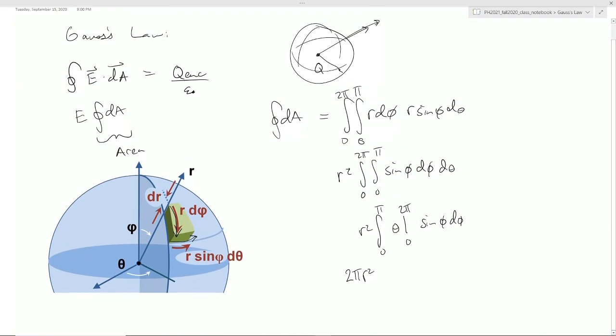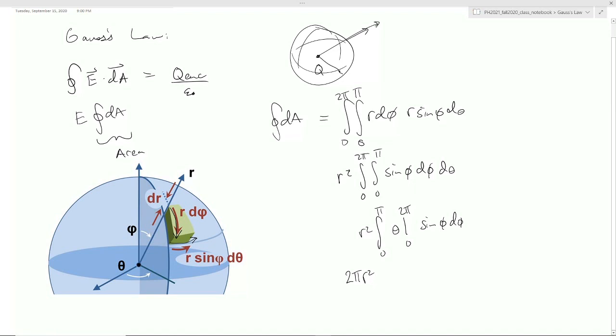And then our phi integral, so what would that become? Well, if we integrate sine phi, that's negative cosine phi from 0 to pi. So this becomes 2 pi r squared times: cosine of pi would be -1, but that's negative already, so 1, minus negative cosine of 0, which would be 1, so minus -1, so this becomes +1.